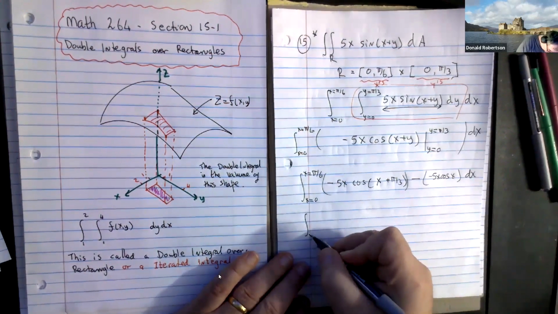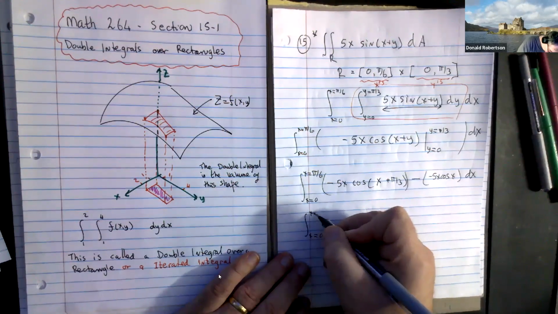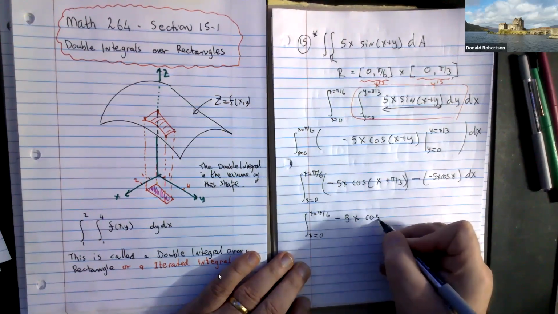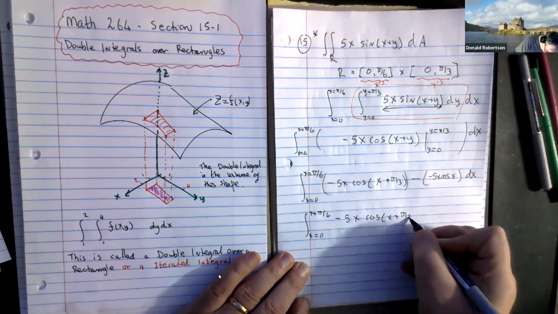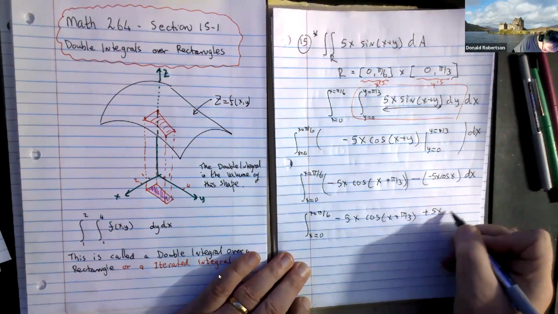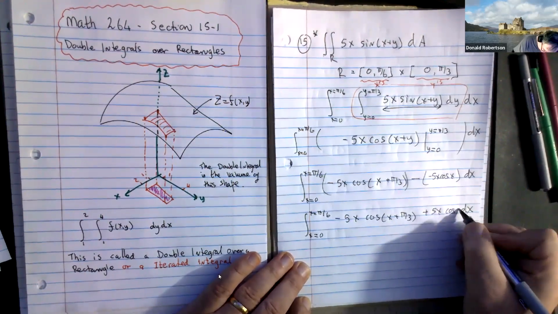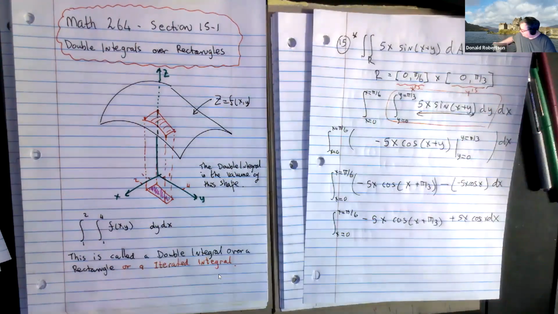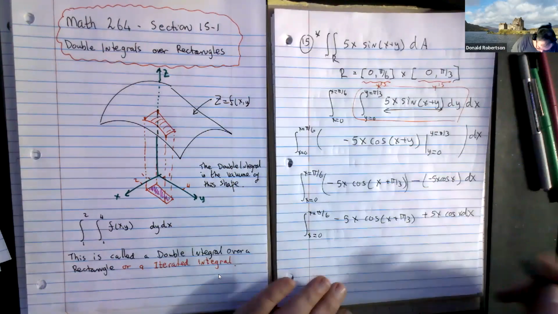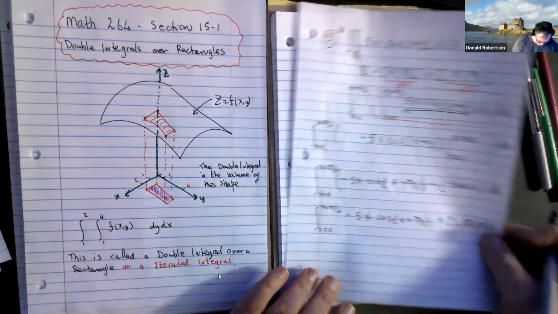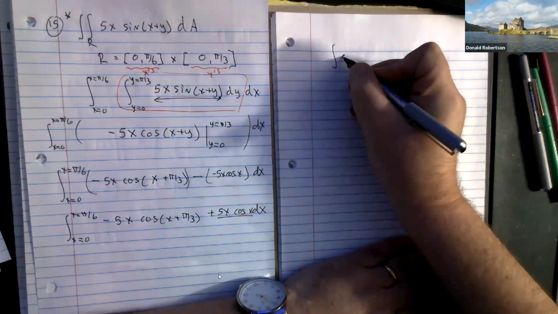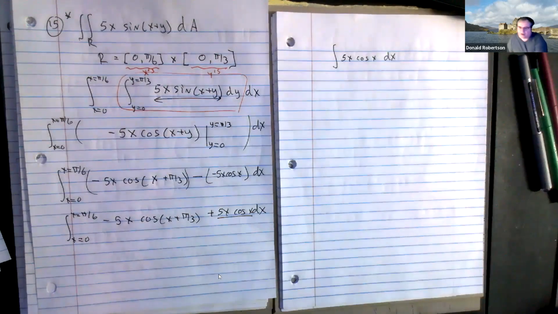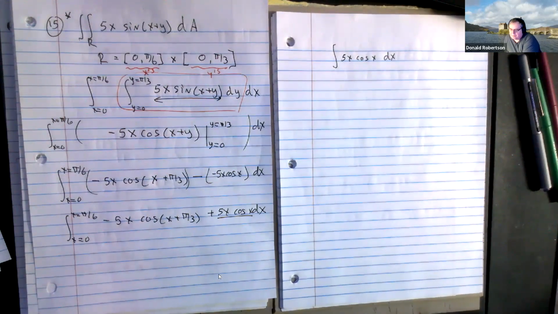So we're now going to be integrating from 0 to pi upon 6, negative 5x, the cosine of this guy, plus 5x, the cosine of this guy. Okay, we are going to be doing integration by parts. If I asked you to integrate just this piece, that is a classic integration by parts guy, isn't it?